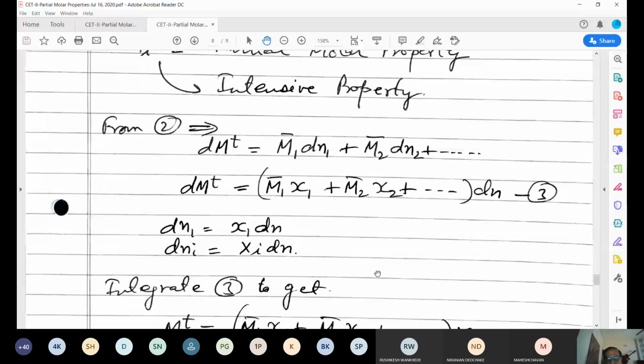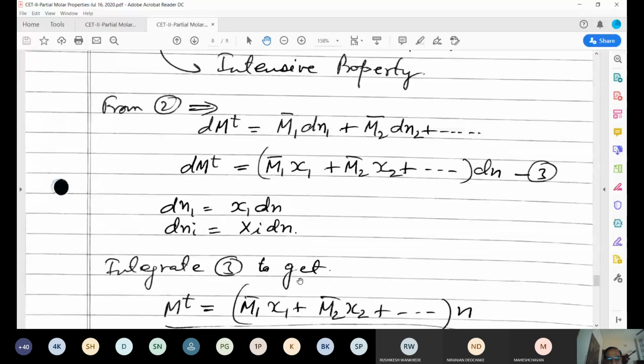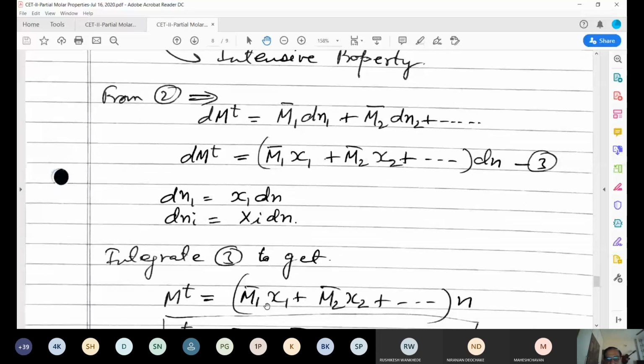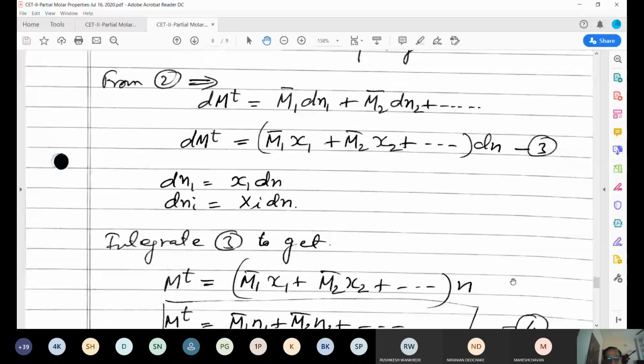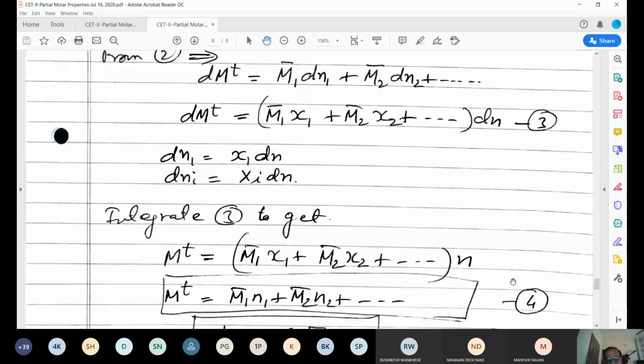So if you integrate equation 3, what we will get is M^t is equal to M1 bar x1 plus M2 bar x2 plus etc., into N. Or we can write M^t is equal to M1 bar N1 plus M2 bar N2 for all components.